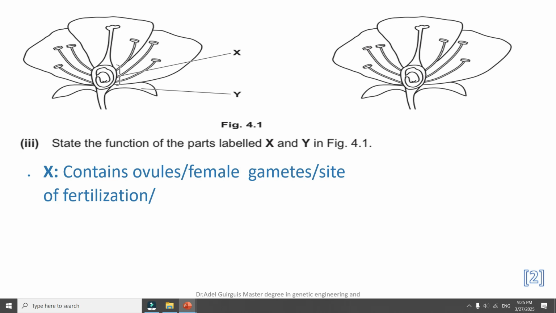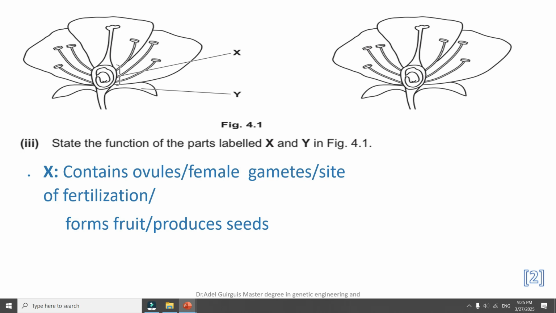Also, the ovary forms fruits after fertilization: the ovary swells and becomes larger to produce fruits, with seeds inside. Ovules change into seeds and the ovary changes into fruit.